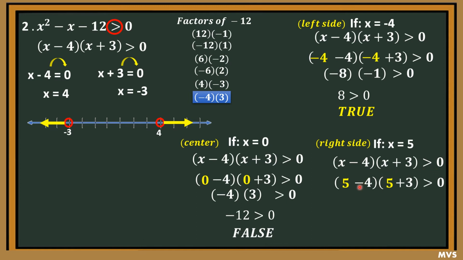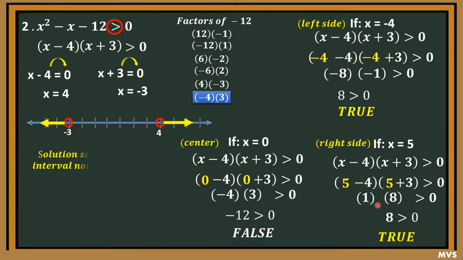Simplify it. 5 minus 4, positive 1. 5 plus 3, positive 8. Just copy greater than 0. Multiply the 2, that is 8. Is 8 greater than 0? Yes, that is true. It means that the right side is included in the solution set.